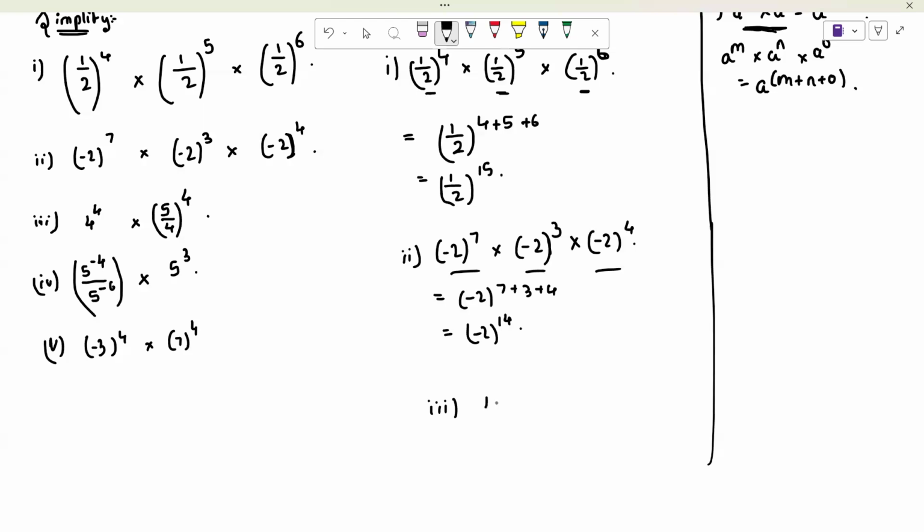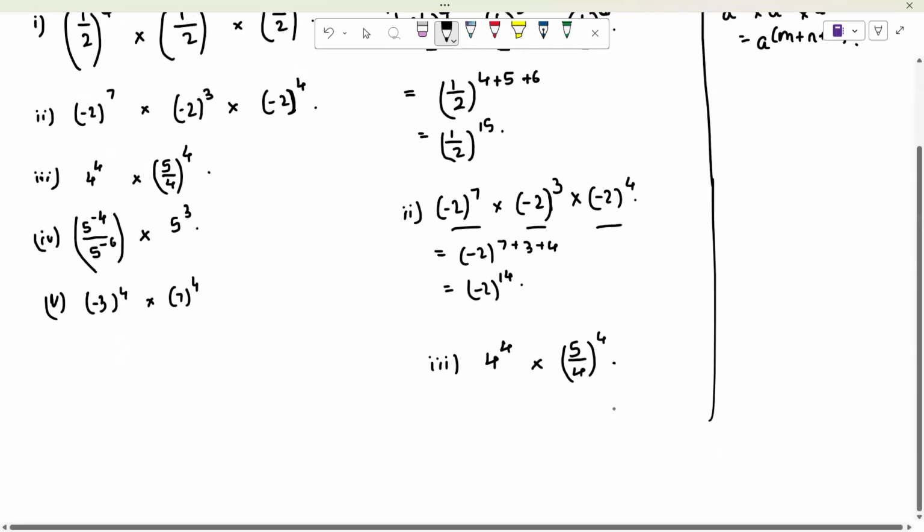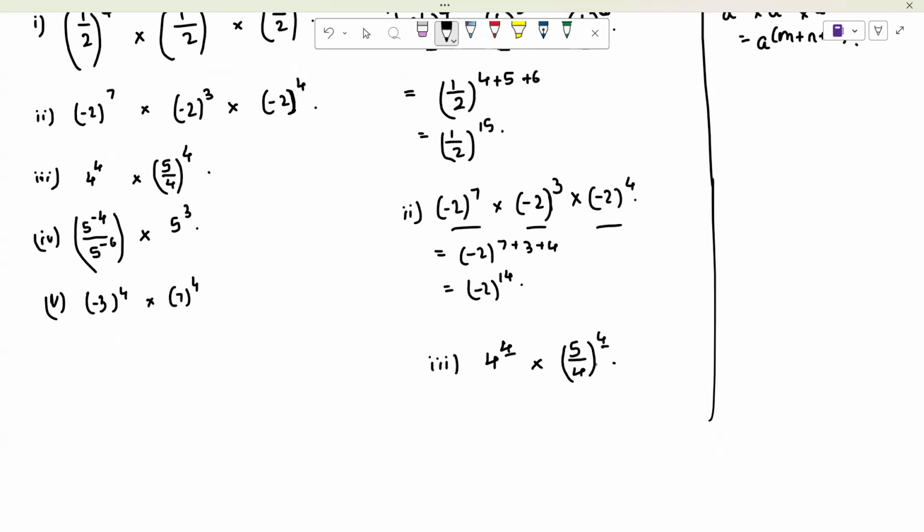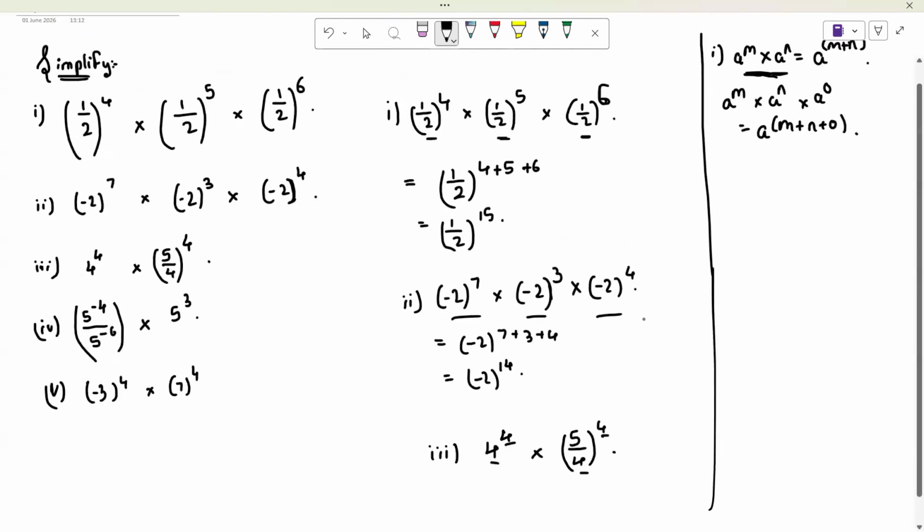The third question is 4 power 4 into 5 by 4 power 4. So here, have you noticed something? The exponents are common. The exponents are the same, but the bases are different. So what does that mean? That means it's time for a new law to be implemented.